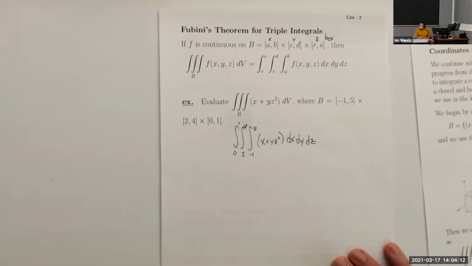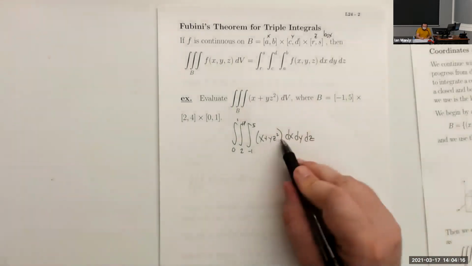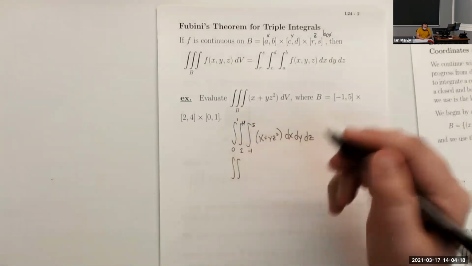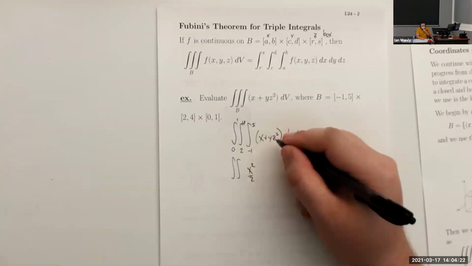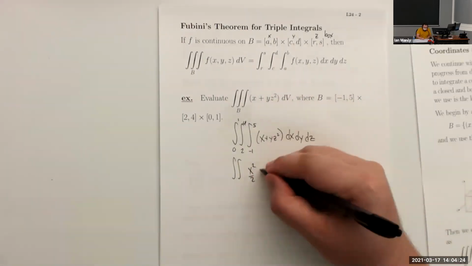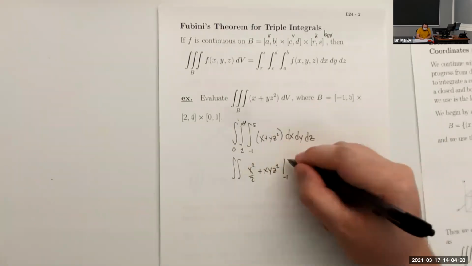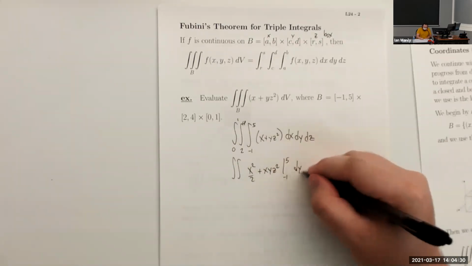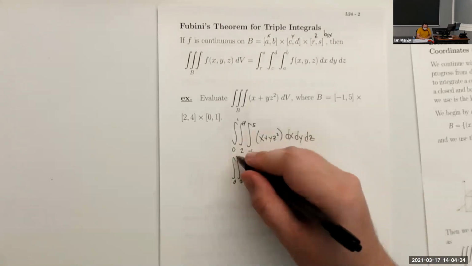So let's go ahead and do this. Let's do the x integral of all of this. The x integral of x is x squared over 2. The x integral of yz squared is xyz squared. This goes from -1 to 5, and then we still have our other bounds here.